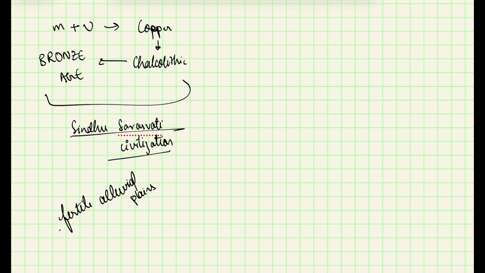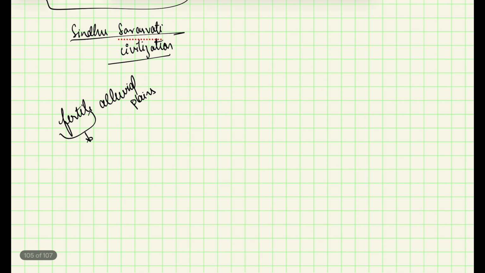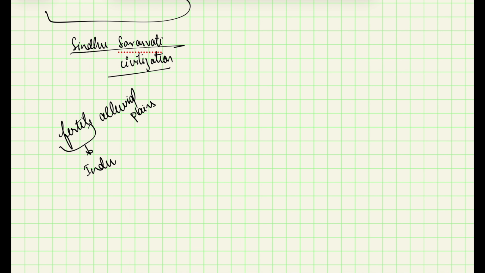When you hear the word fertile, you can understand that the soil was rich in humus. These fertile alluvial plains were found in the Indus and the Ghaggar-Saraswati region.